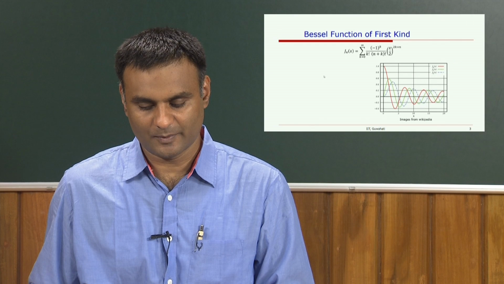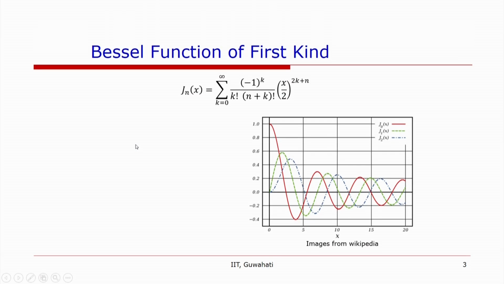Let us look at the Bessel function of the first kind. The series representation is Jn(x), where n can be any harmonic, equals the sum from k equals 0 to infinity of minus 1 to the power k, over factorial k times factorial n plus k, times x by 2 to the power 2k plus n. It is an infinite series, and k represents each term.